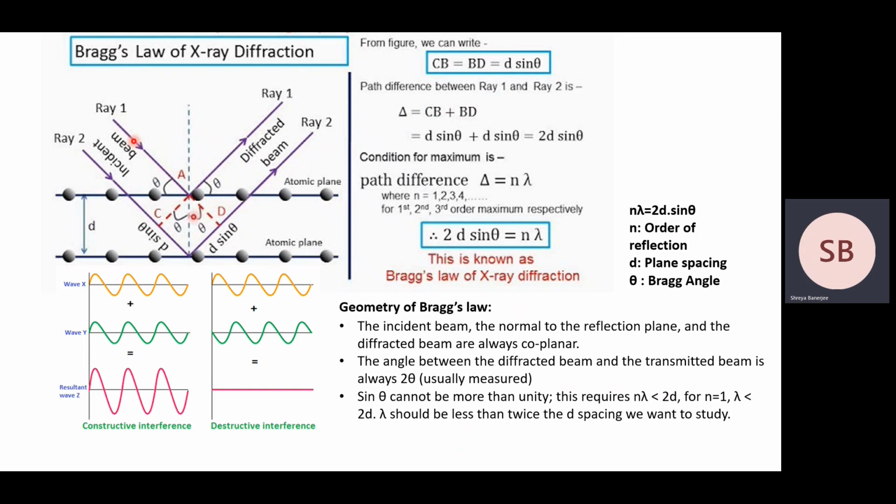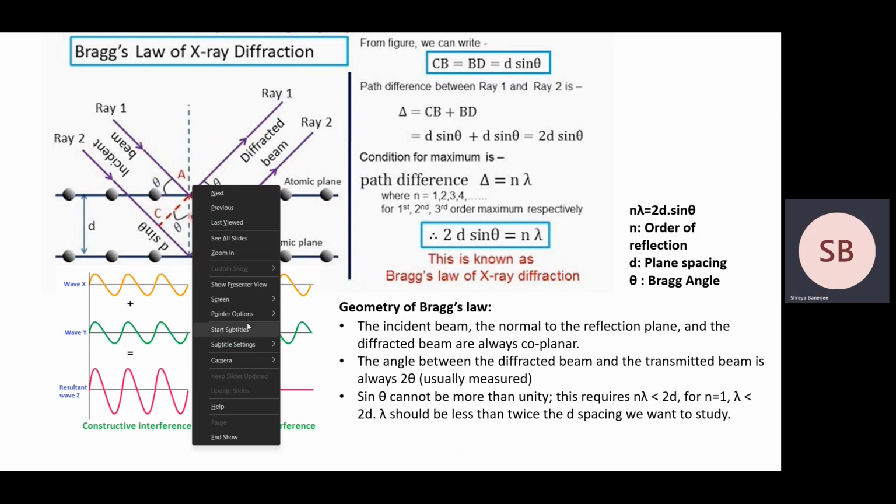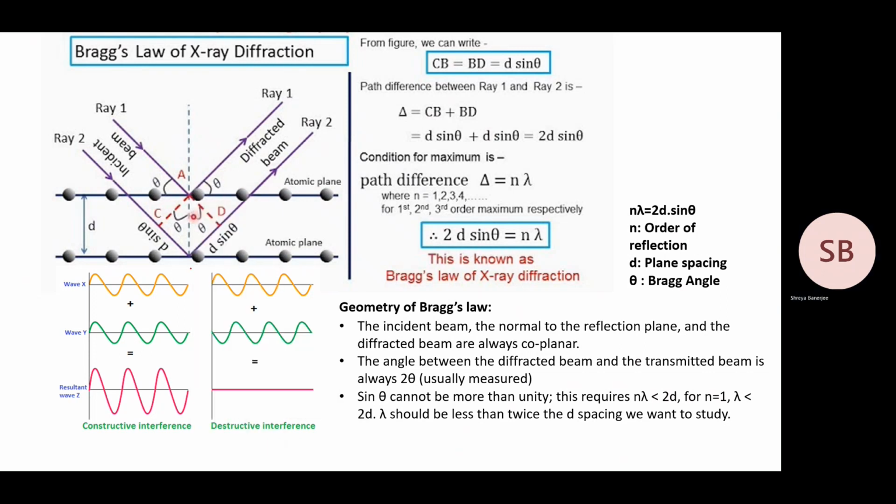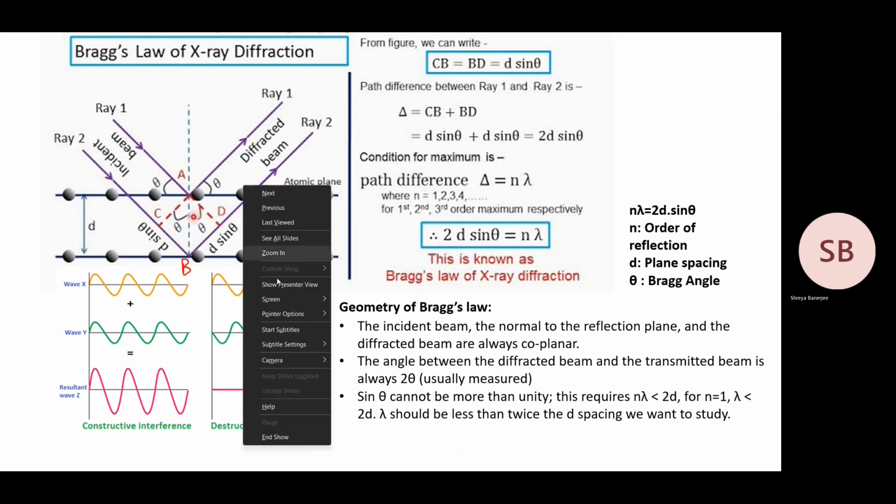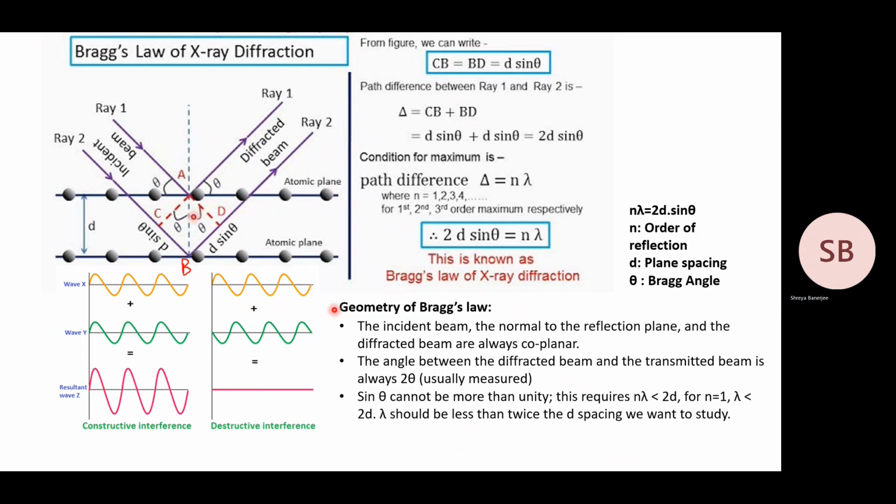Now, we can see that the path difference between ray 1 and ray 2 is basically BC plus BD. So B is basically here. This is B. So BC plus BD is the path difference between ray 1 and ray 2.